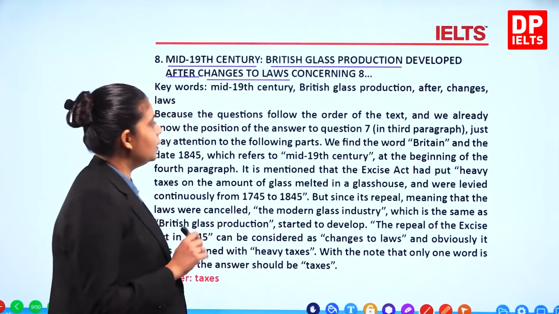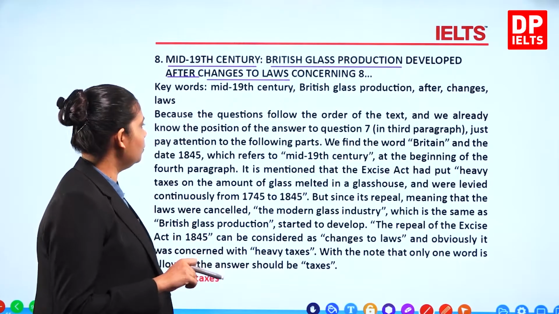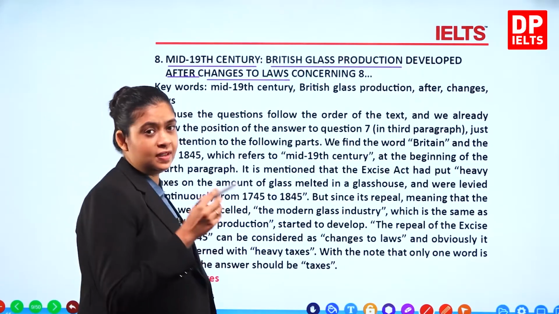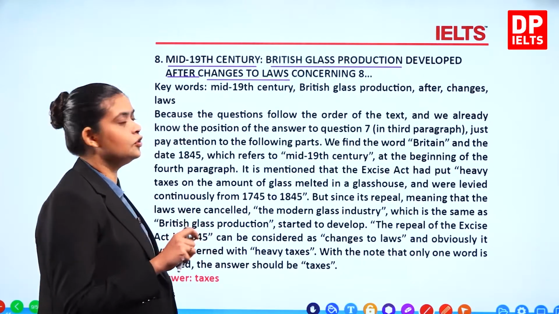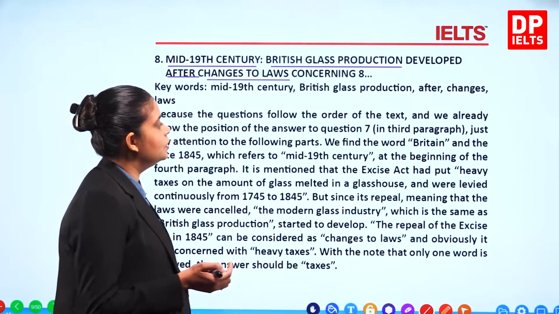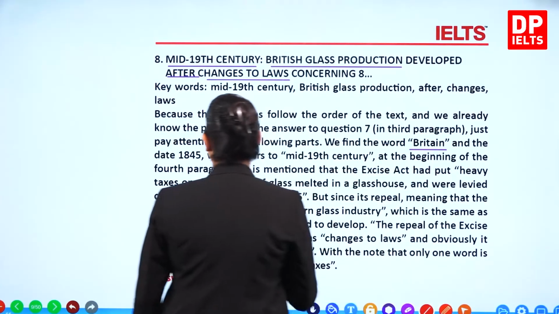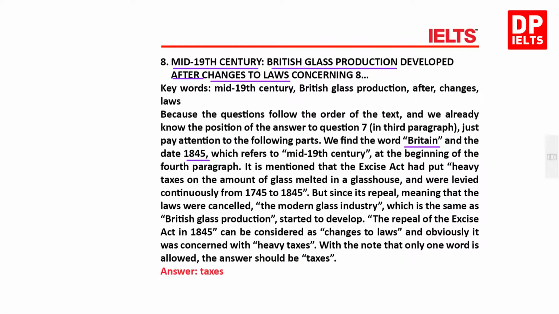So because the question follows the order of the text and we already know the position of the answer to question 7, right? That was in the third para if you can remember. Just pay attention to the following parts. So we find the word Britain and the date, which is 1845, which refers to mid-19th century.